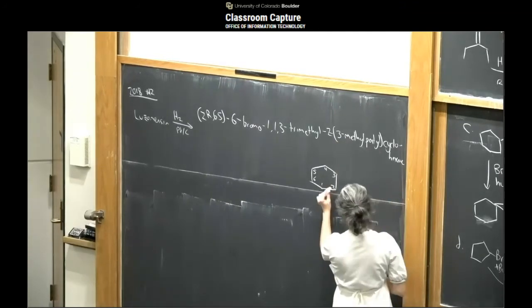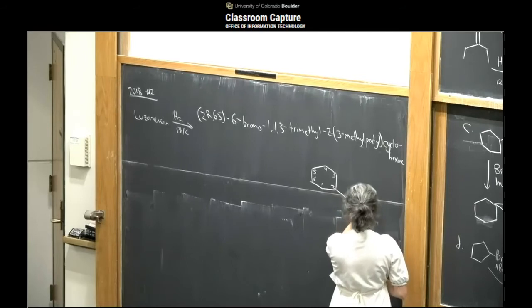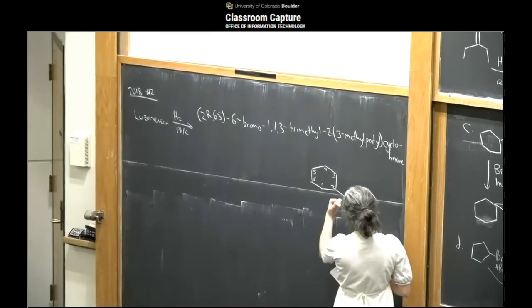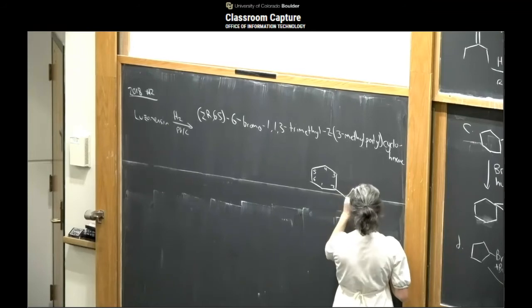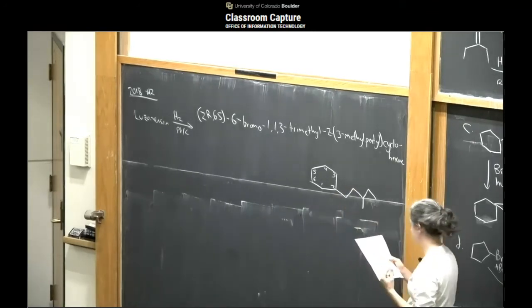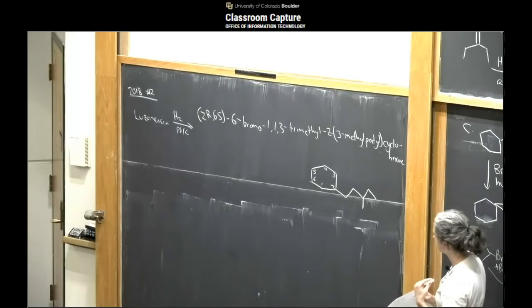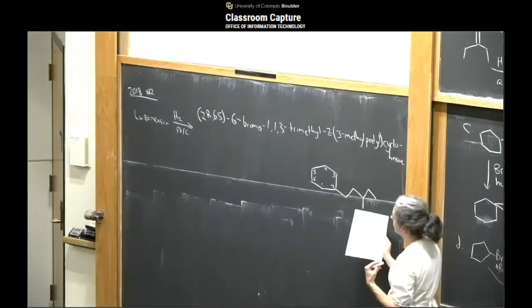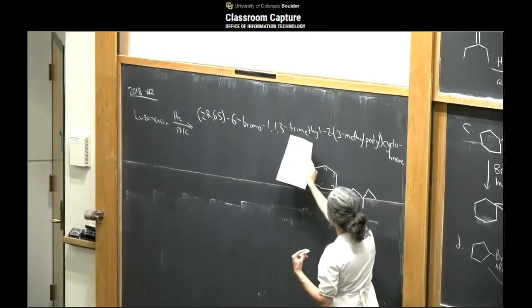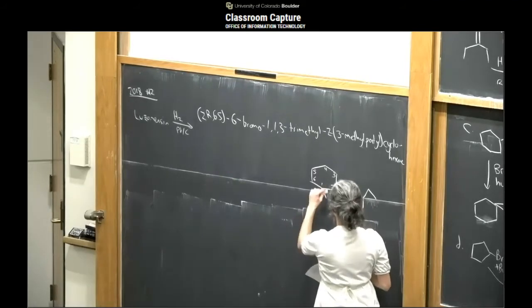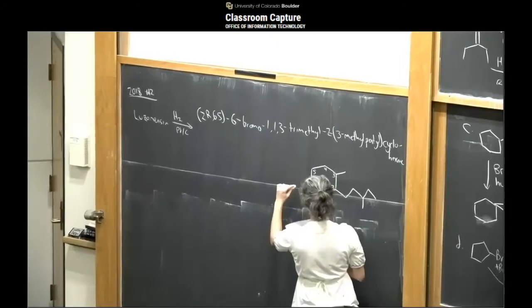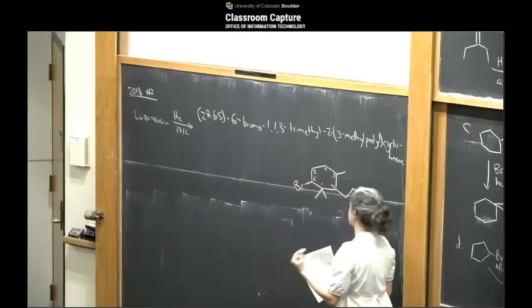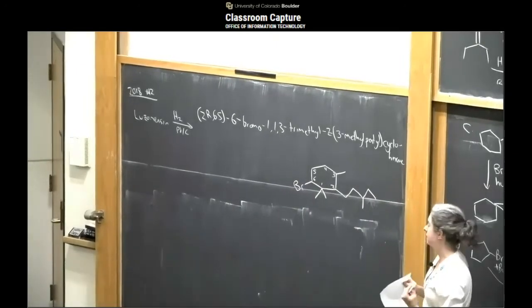I'm going to draw the pentyl first, 1, 2, 3, 4, 5, and then the methyl at 3. Then I got a 1,1,3 trimethyl, and then a 6-bromo. So that's my connectivity.